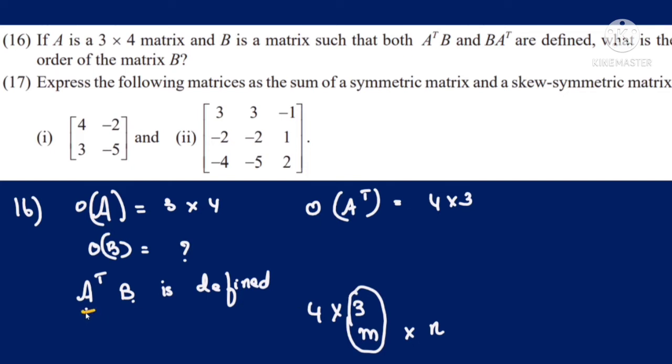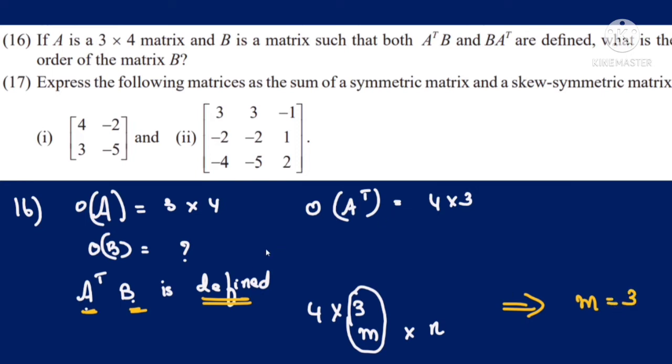See, they have given A transpose B is defined. That means 4 by 3 and here M by N you write. Now because it is defined, the number of columns of the first matrix should be equal to number of rows of the second matrix. That means it is very clear M is equal to 3.